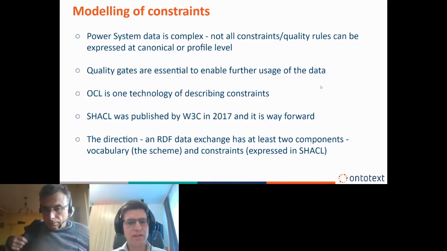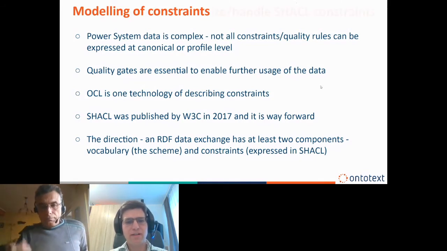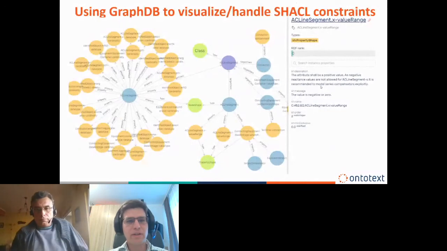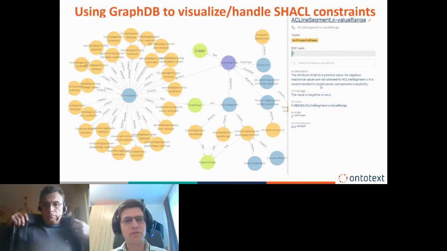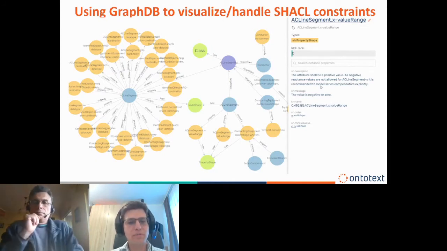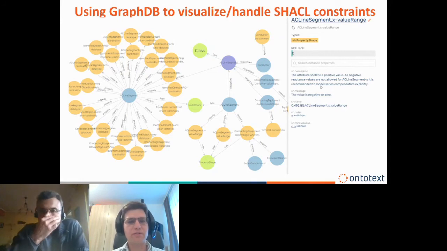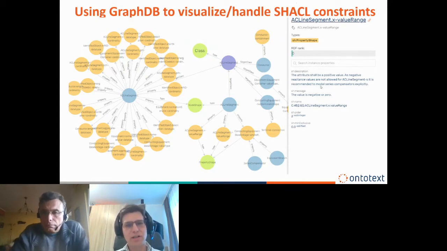And as you would see in the next slide, there is one visualization of what GraphDB can do with a schema and SHACL constraints. And me as a power system engineer, so for example, I'm interested to see an AC line and what constraints are connected to that. So I know that this is element of the schema.